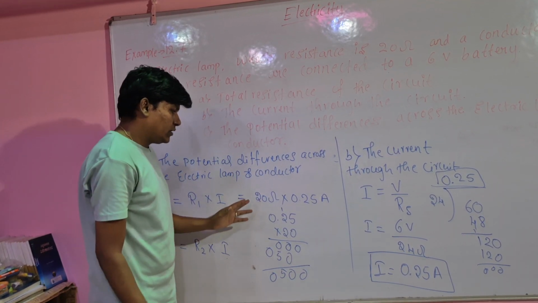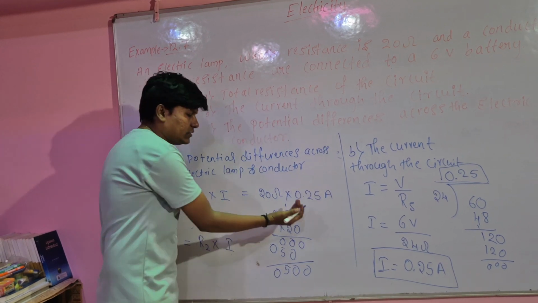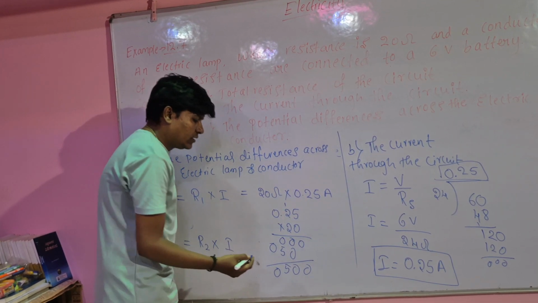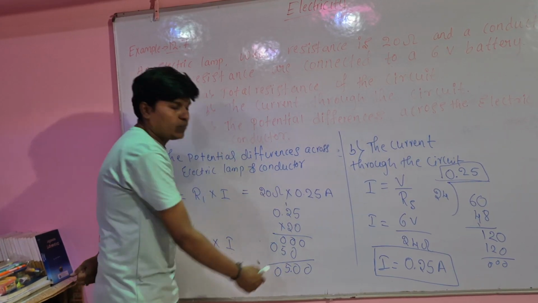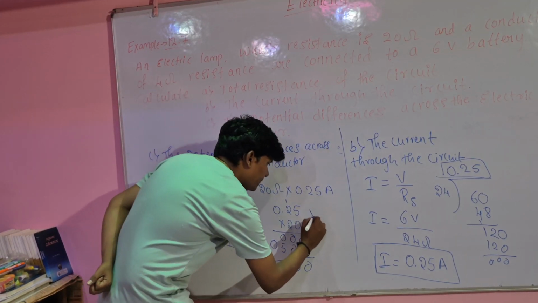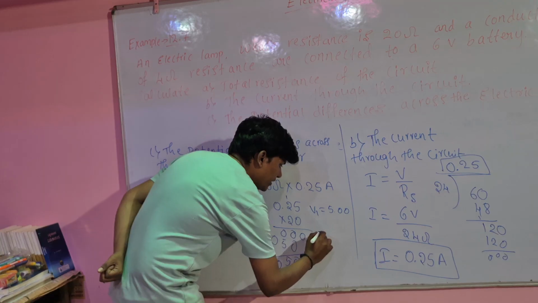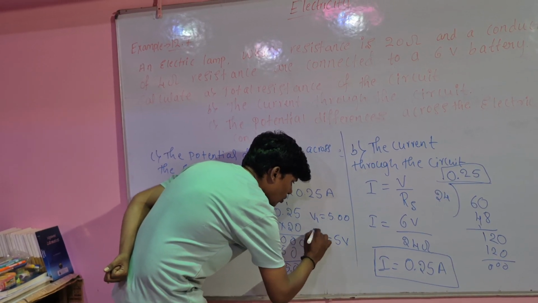Now we look at the decimals: we put the point with two decimals. So V1 is equal to 5.00, or we can take V1 as 5 volt.